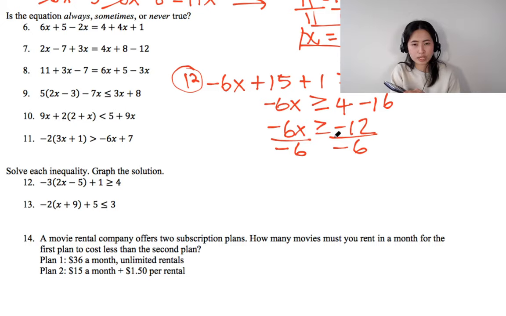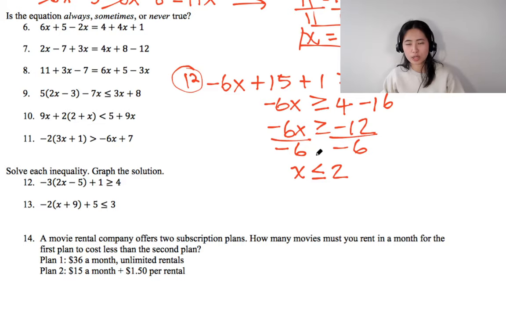Right now it's greater than or equal to, so it has to come out as x less than or equal to 2. Anytime you're dividing both sides of your equation by a negative number, whatever negative number it may be, you need to make sure you flip the direction of your inequality sign. So right now it's greater than, now it's less than 2.